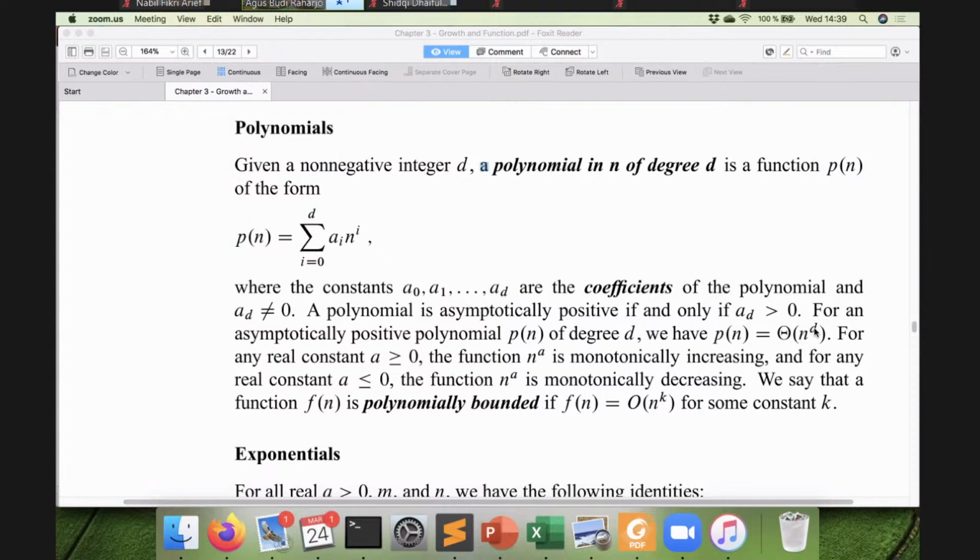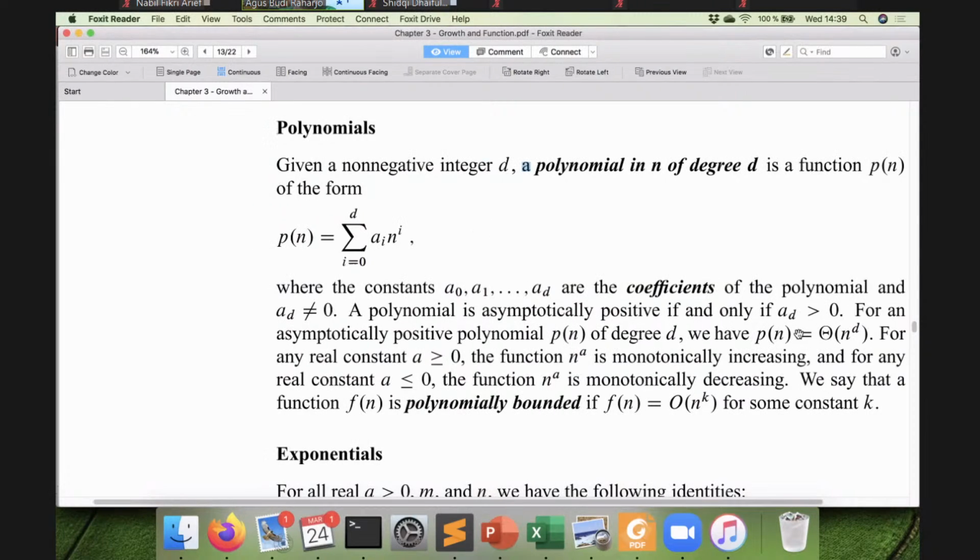As you can see over here, we consider only the highest order term. We neglect, we ignore the constant of the highest term and the lower order terms for the computation.